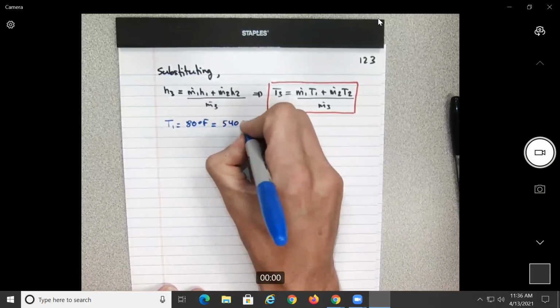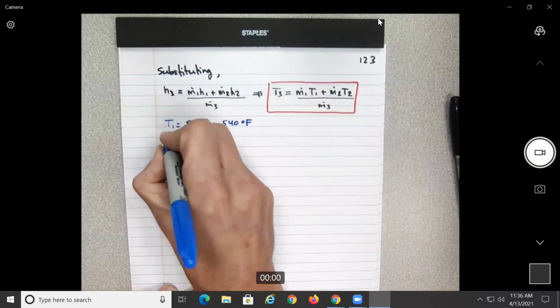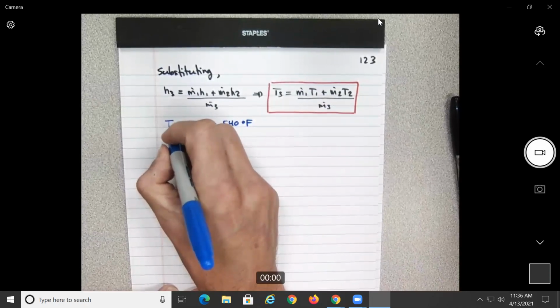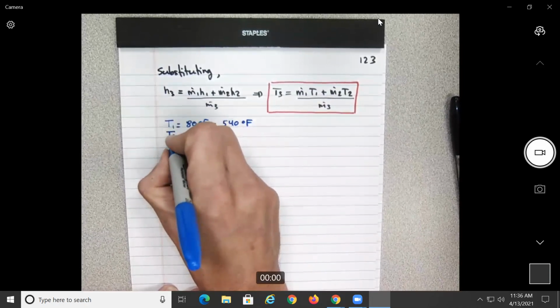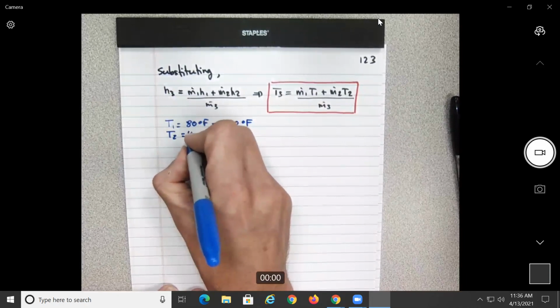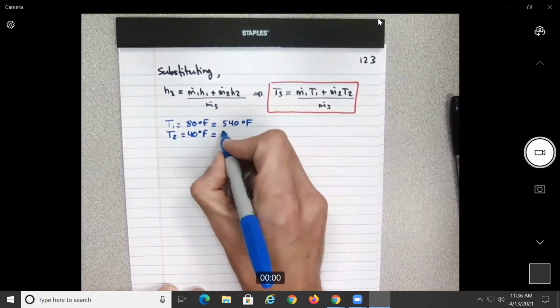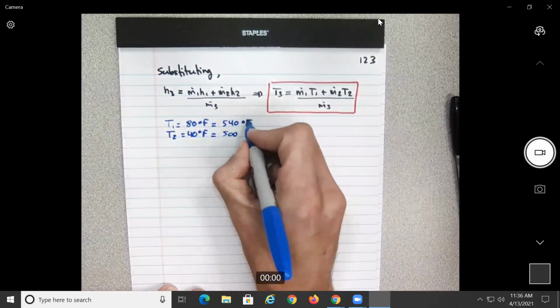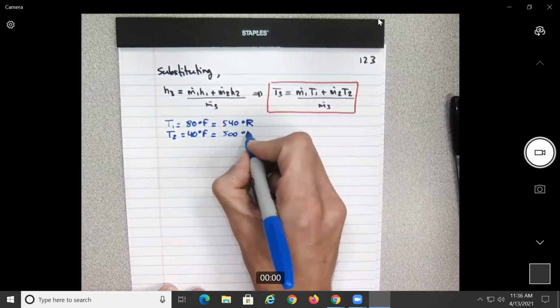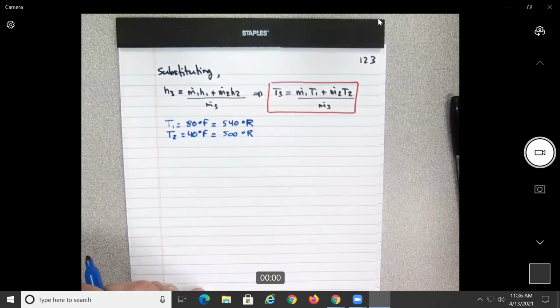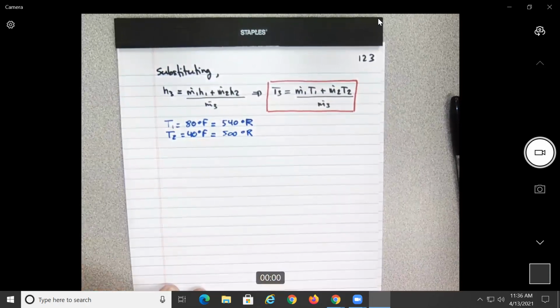And then we have T2, which is 40 degrees Fahrenheit, so it should be 500 Rankine, approximately. We can look at the solution because I know they are picky.